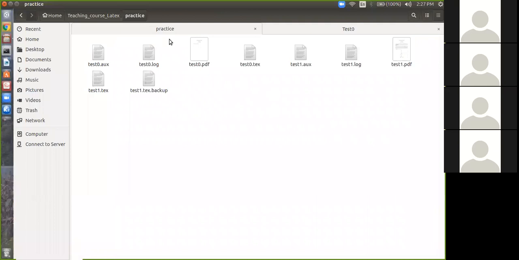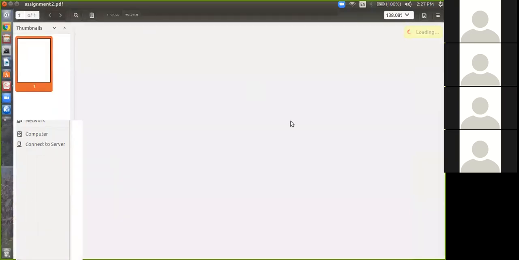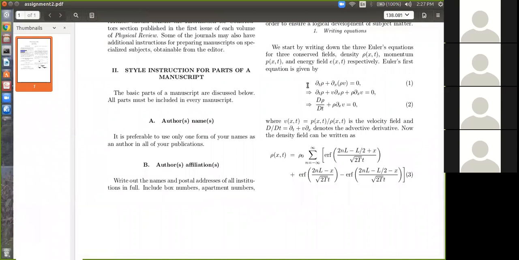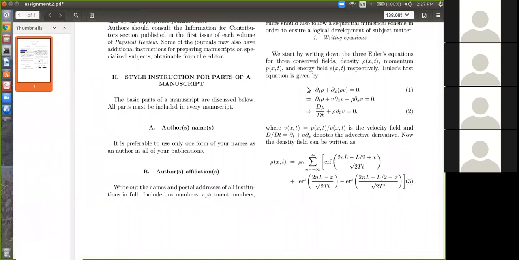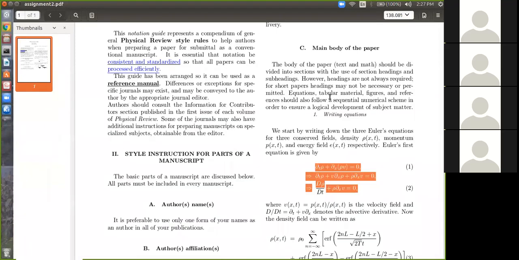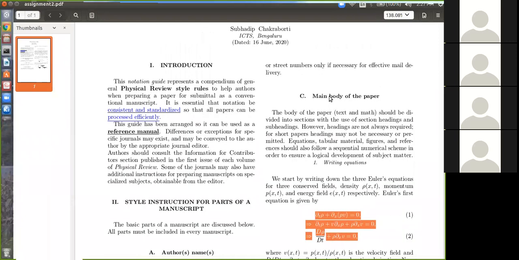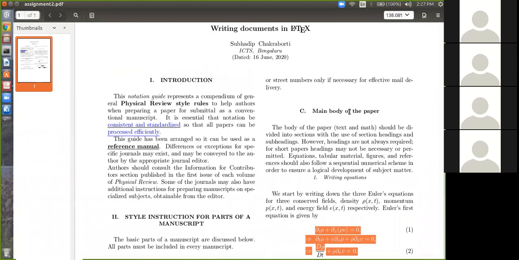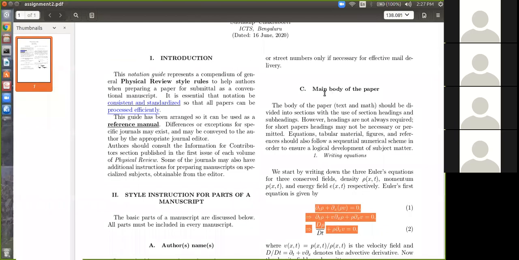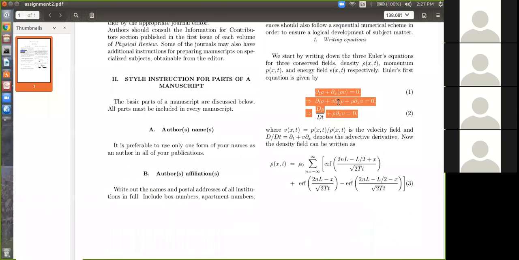Okay, so assignment 2, you can see. In assignment 2, you need to write equations. For those who have the packages, use 2 columns, and otherwise you can use 1 column, and you write down these equations.